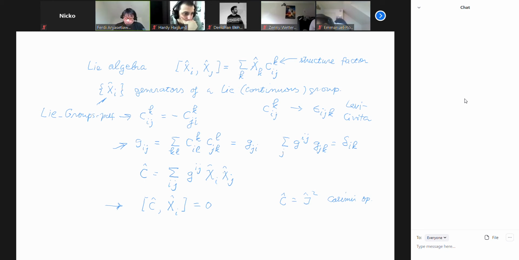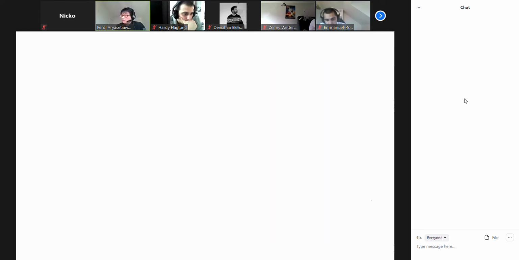So that's the Casimir operator. And it turns out that one can redefine the generators in the following way. So we can collect a set of operators.